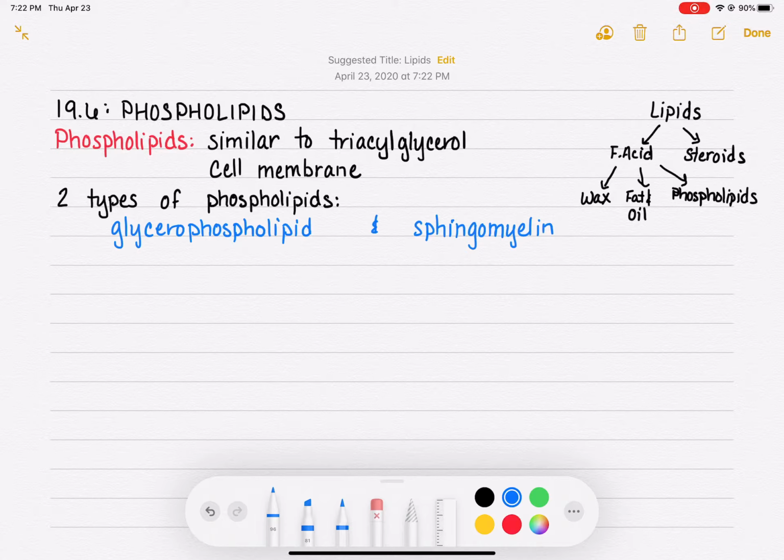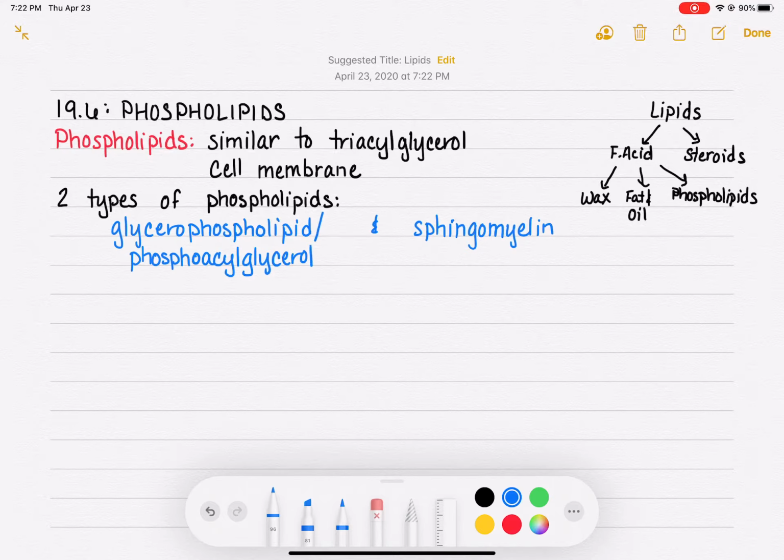Of the glycerophospholipids, there are two types of those as well. And actually, before we talk about those two types, I got to give you another name for glycerophospholipid. Phosphoacylglycerol.